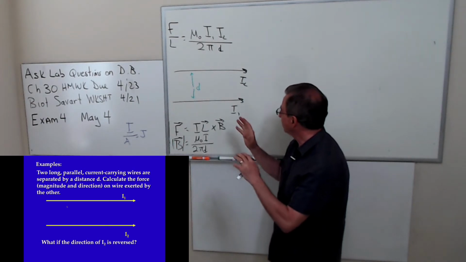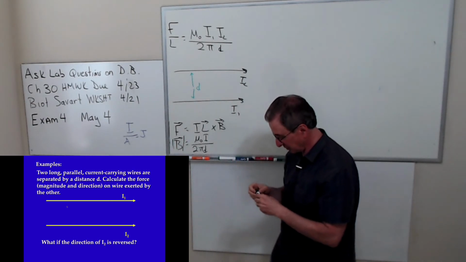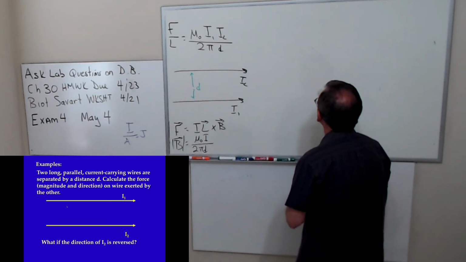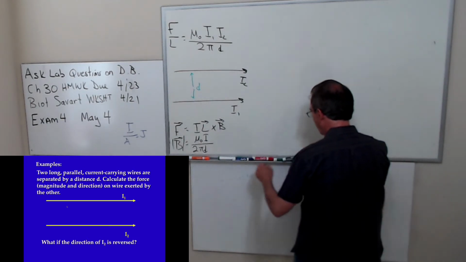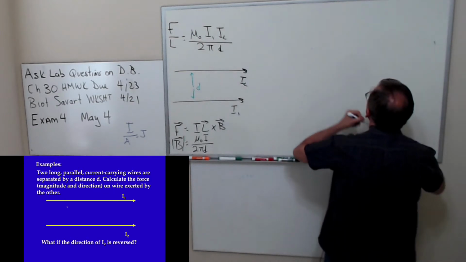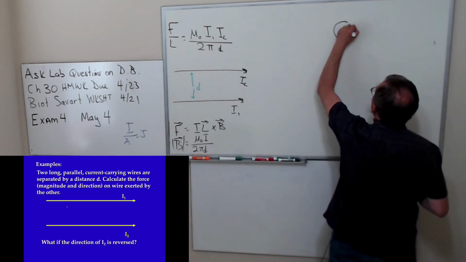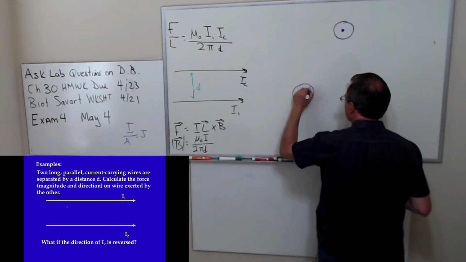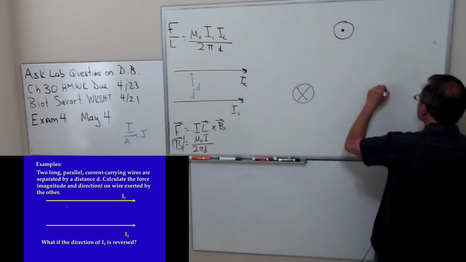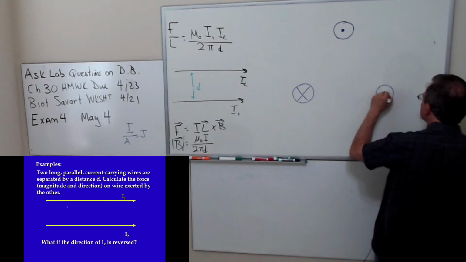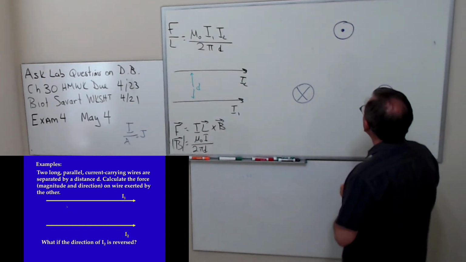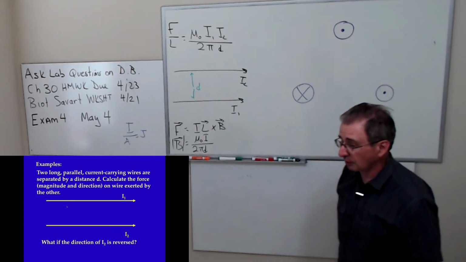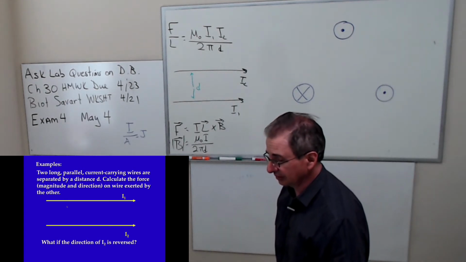What if, instead of having this nice geometry, we have, let's see, let's take three wires. And the wires come out of the board. Let's pretend they're infinitely long, but they form an equilateral triangle.